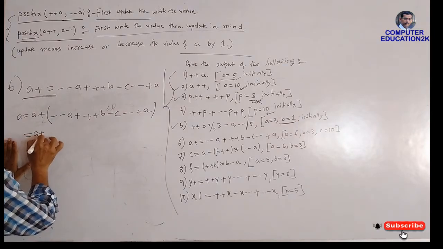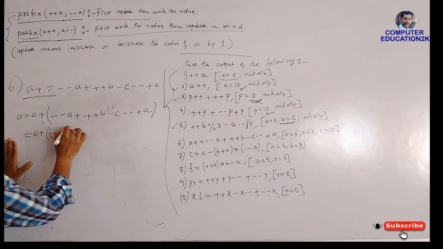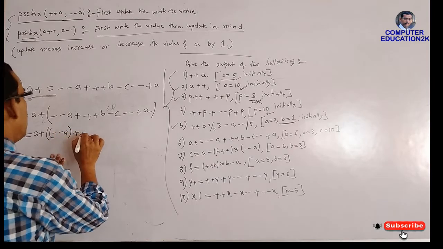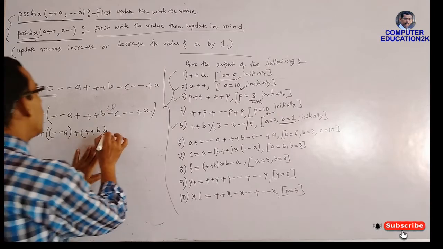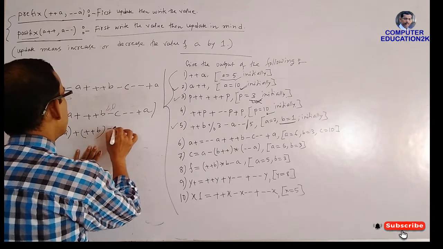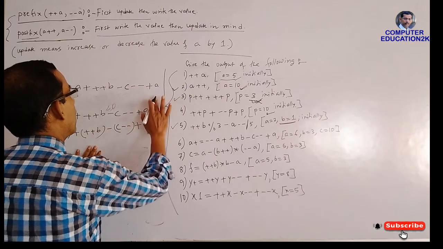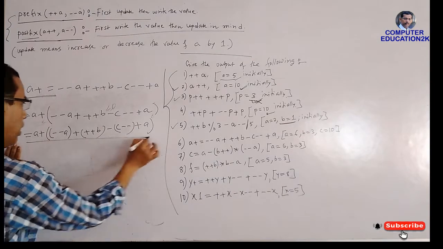So a plus, bracket, minus minus a, plus, this is a, plus b in bracket, minus c minus in bracket, plus a, then close the bracket.